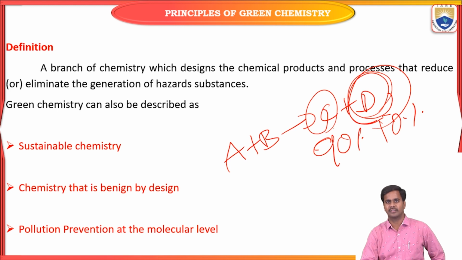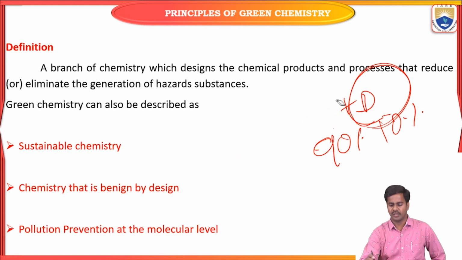By applying green synthesis methods, we can minimize the formation of this unwanted product. At the same time, the economics of the reaction can also be enhanced by using green synthesis methods.